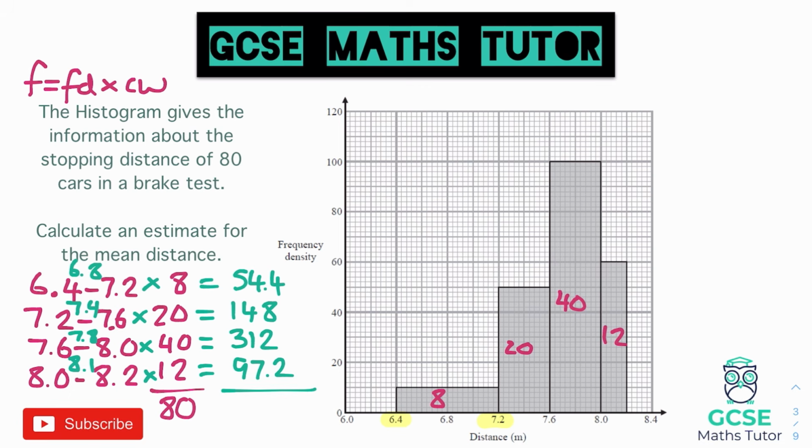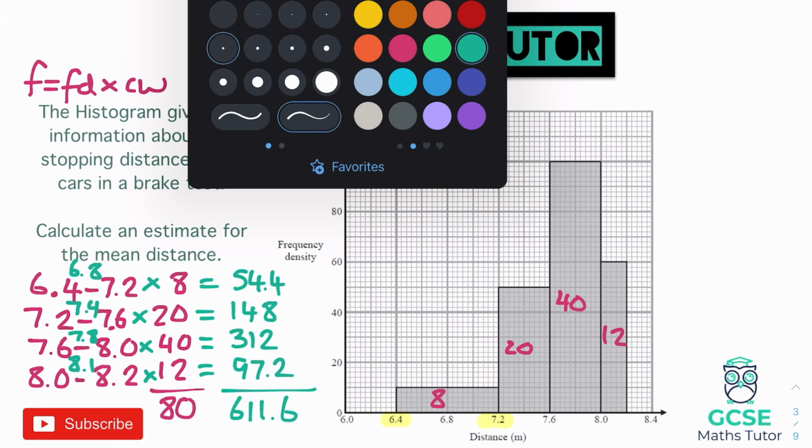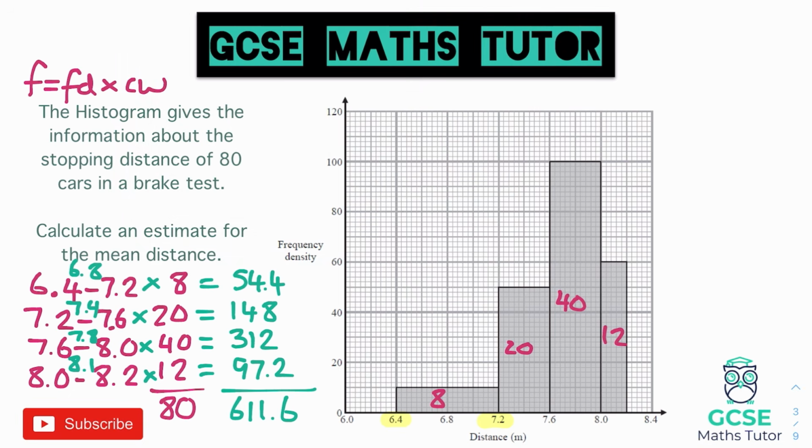So if we add these all together, let's have a look. We've got 97.2 plus 312 plus 148 plus 54.4, and that gives us an overall total of 611.6. So exactly the same calculation that we would do from a group frequency table, we're going to take the overall total, 611.6, and divide it by the total frequency of 80.